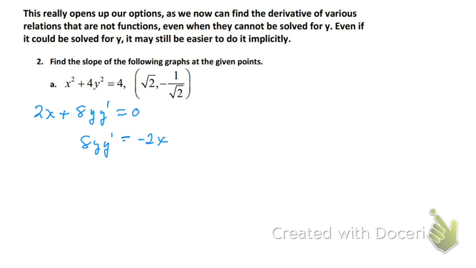So now I'm going to divide both sides by 8y, and I get y prime, dy dx, equals what? Negative 2x over 8y, or negative x over 4y. Okay, there is y prime, which is dy dx, which is the same as the slope of the tangent line.